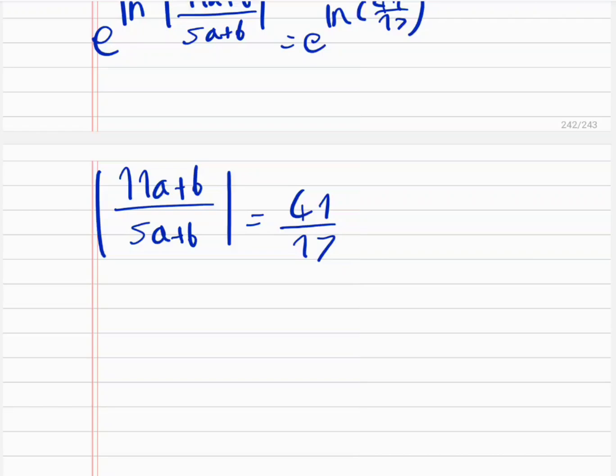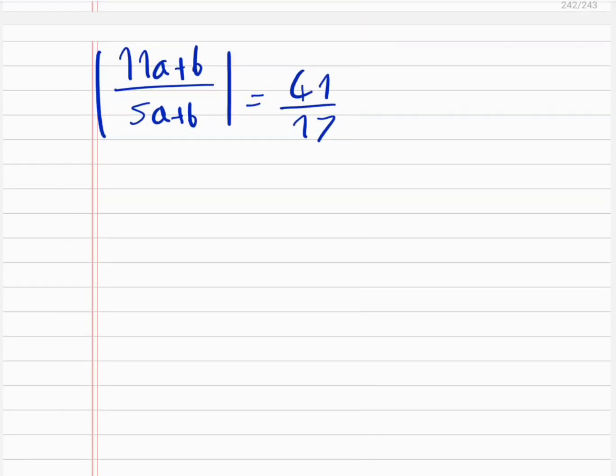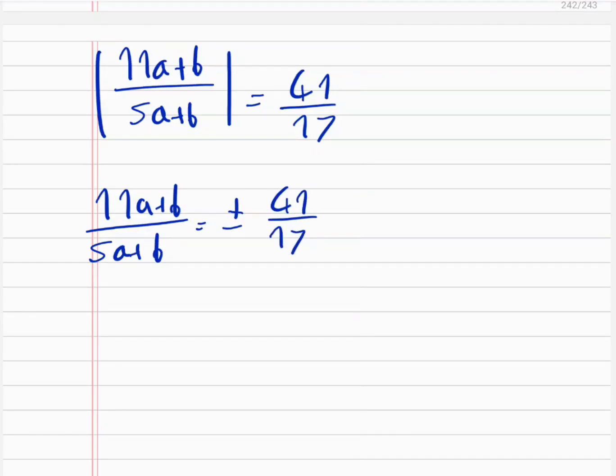Now this part is interesting because we have the modulus of something equal to 41 over 17. So if you want to solve this equation, there are two possibilities: either 41 over 17 is positive or negative, because we have the modulus on the left hand side.